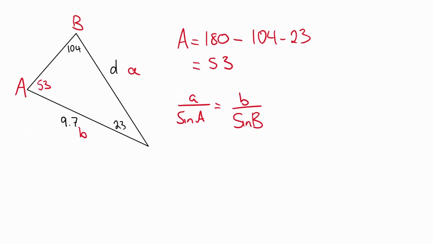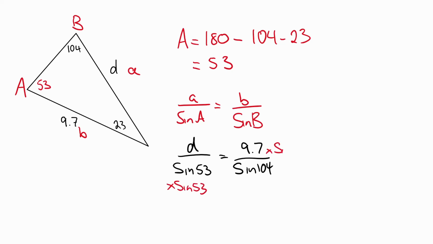Now we substitute in our values. The unknown, we said, was the letter d. We have d over sine 53 equals 9.7 over sine 104. Now we need to make our unknown the subject. So we multiply by sine 53, and we do the same up here on the numerator.